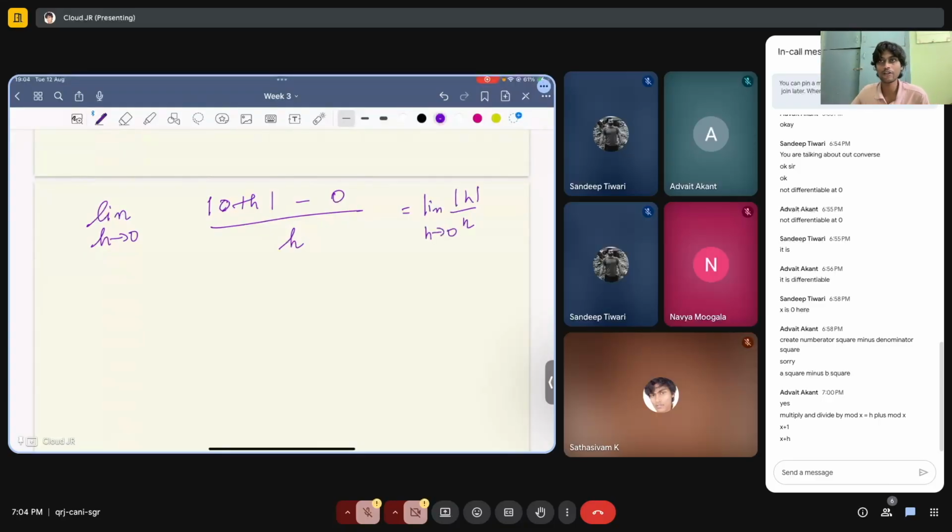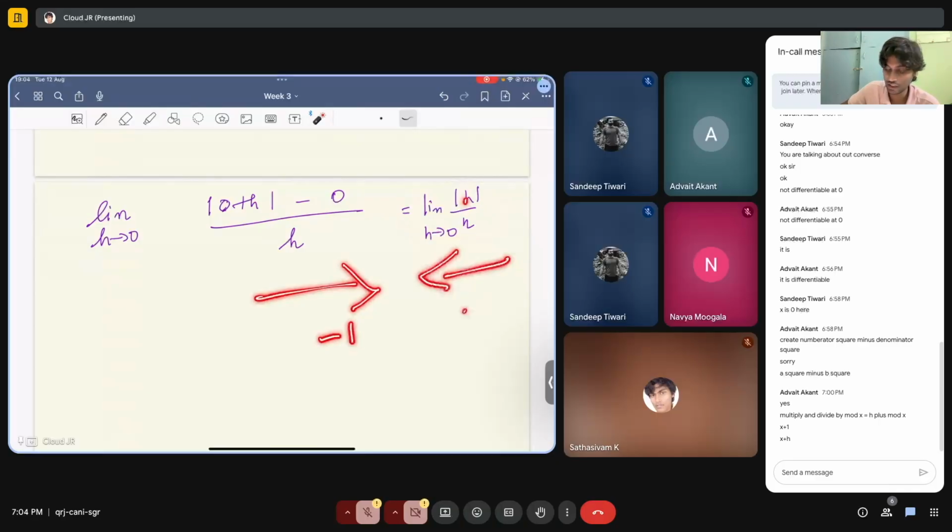The limit depends on which side you are taking it. If you take the left hand limit, this will be -1. If you take the right hand limit, this will be 1. So the limit does not exist at x equal to 0.